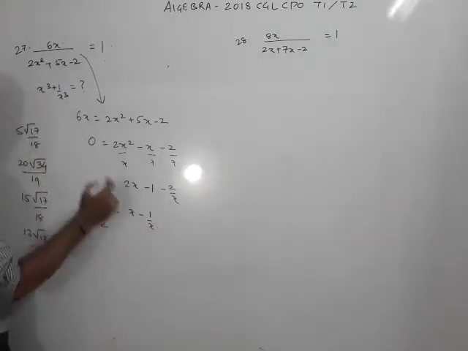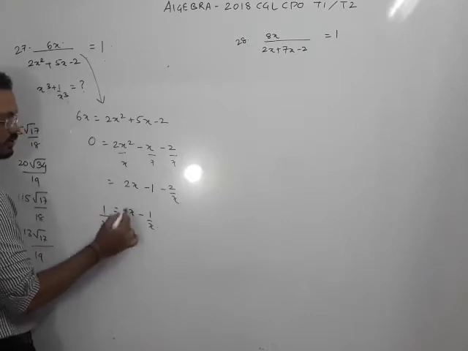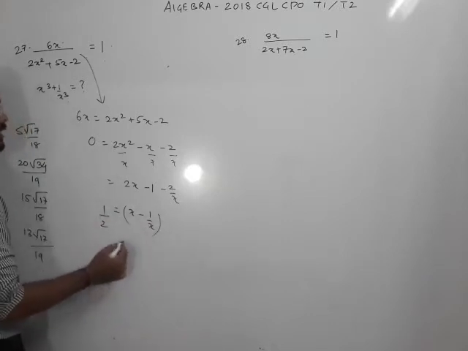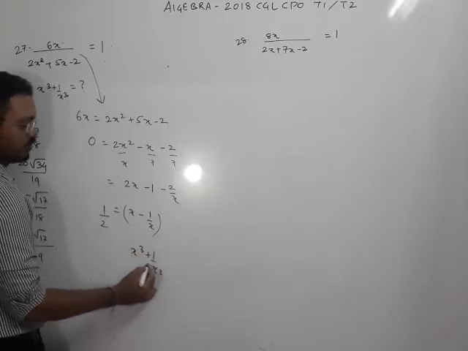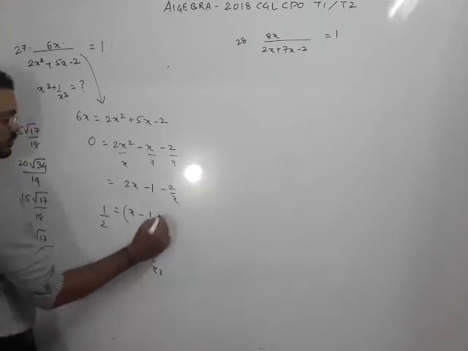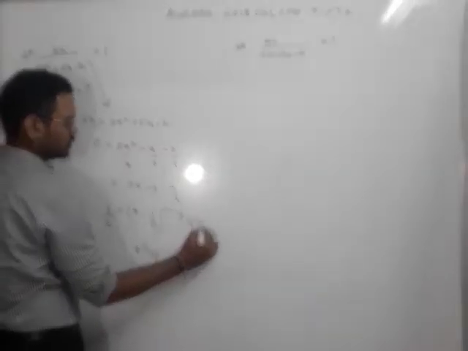Understood? Now I have got x minus 1 by x as this. I need x cube plus 1 by x cube. For this I need to have x plus 1 by x, which is given by what?